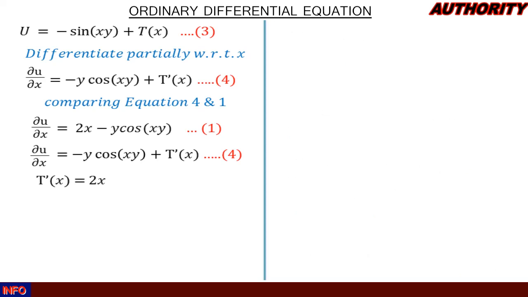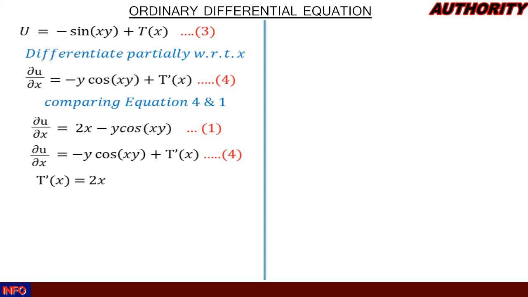We see that t prime of x is equal to what? 2x. You remember in equation 3, we are looking for t of x, not t prime of x. So this t of x that we are looking for, when we get it, we are done. But we have t prime of x. That is t of x in a derivative form.